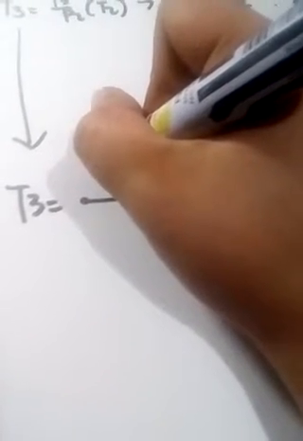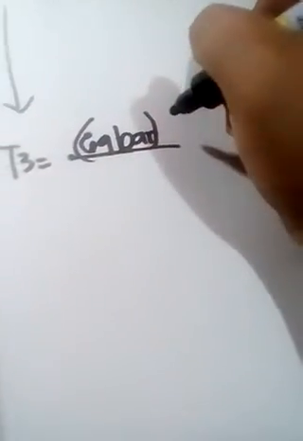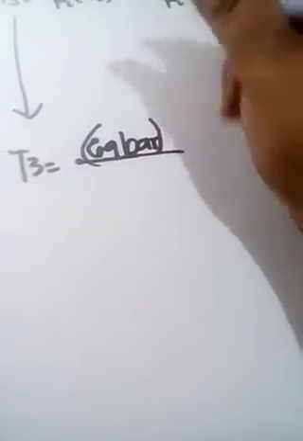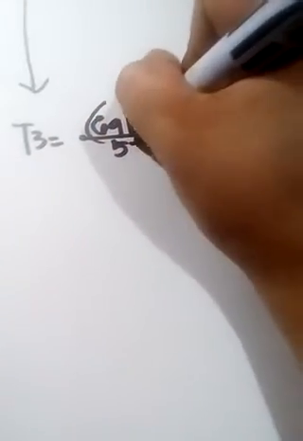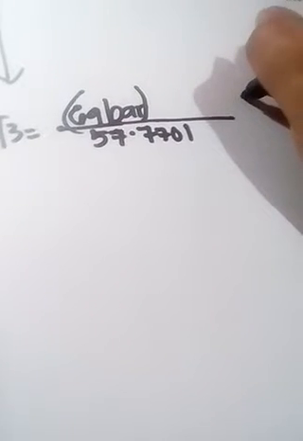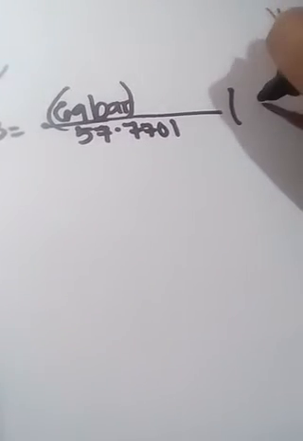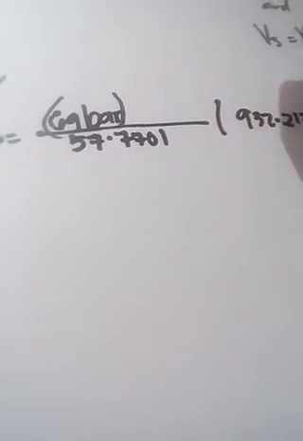Since P3 is 69 bar, over P2, which is the unknown we solved before this, 57.7701, times T2, or the temperature 2, which is 932.217 degrees Kelvin.